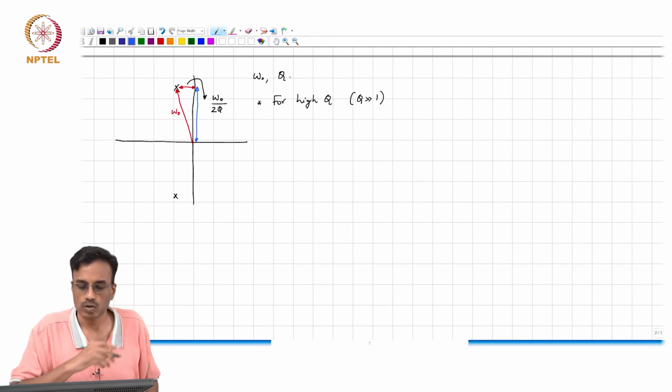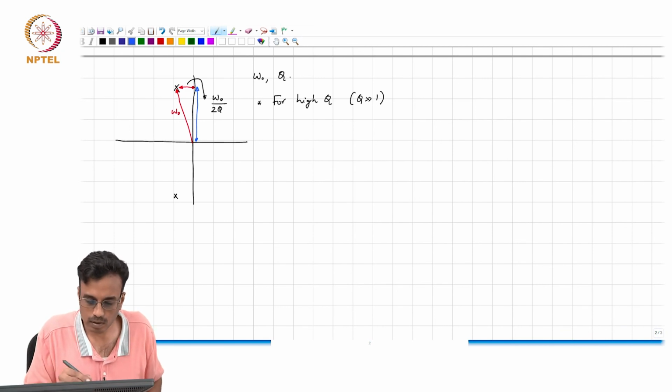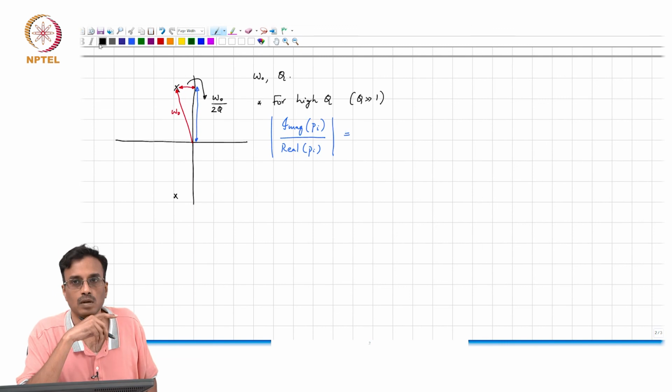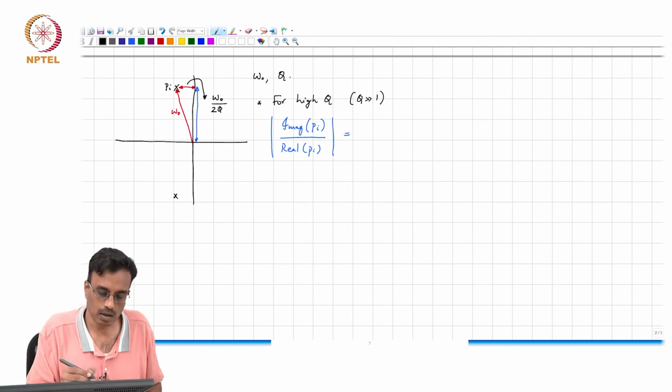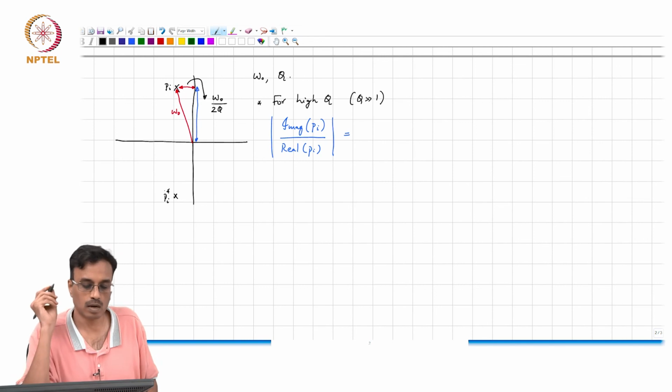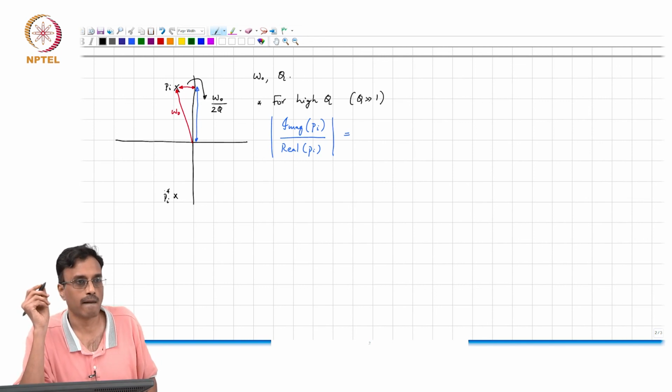All right. So, what is the ratio of the imaginary part of the pole to the real part of the pole? This is the pole pi, this is pi star.